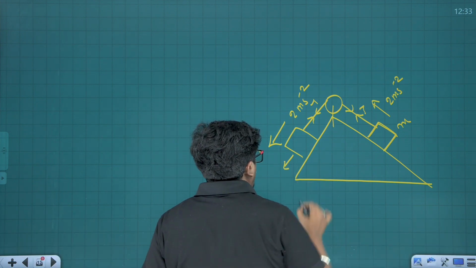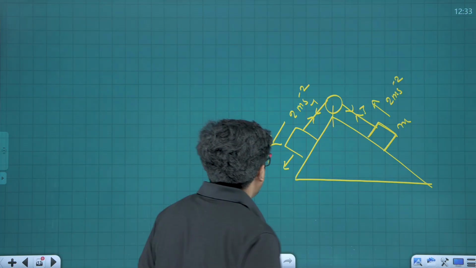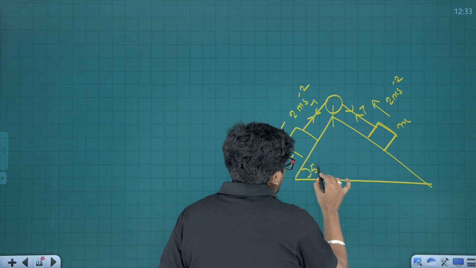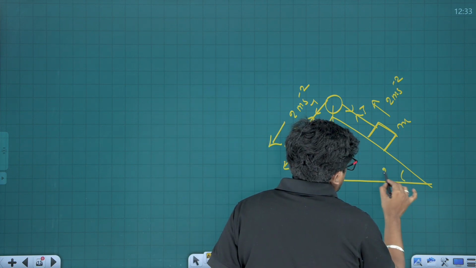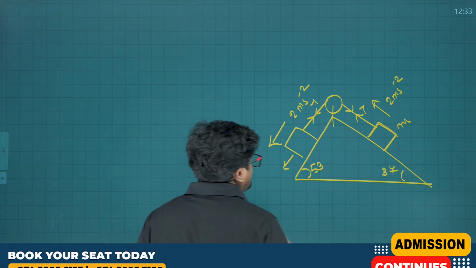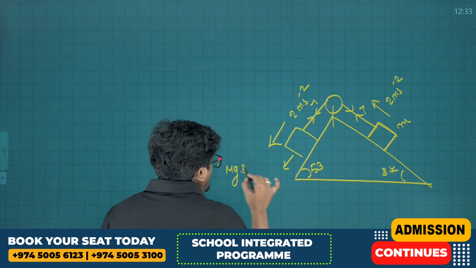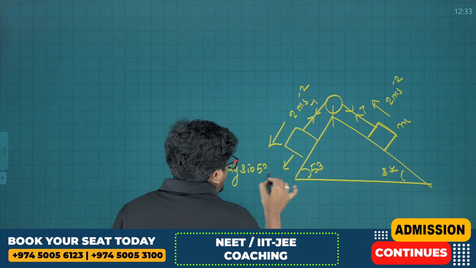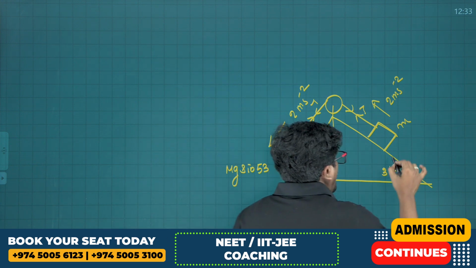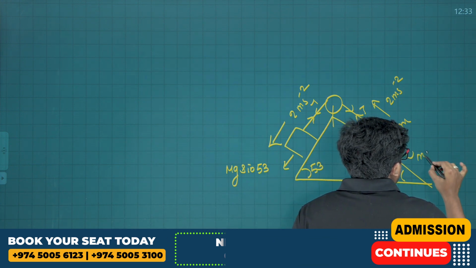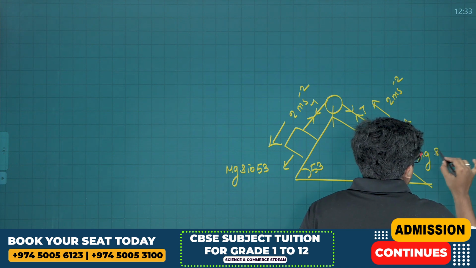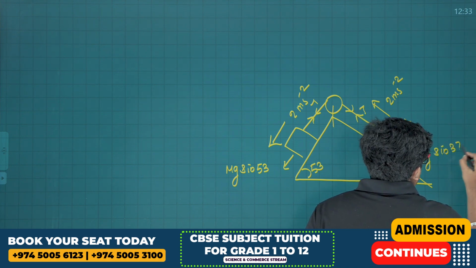Here the inclinations are 53 and 37, isn't it? So here this is capital M into G into sine of 53 in the downward direction, and here this is small mg into sine of 37.